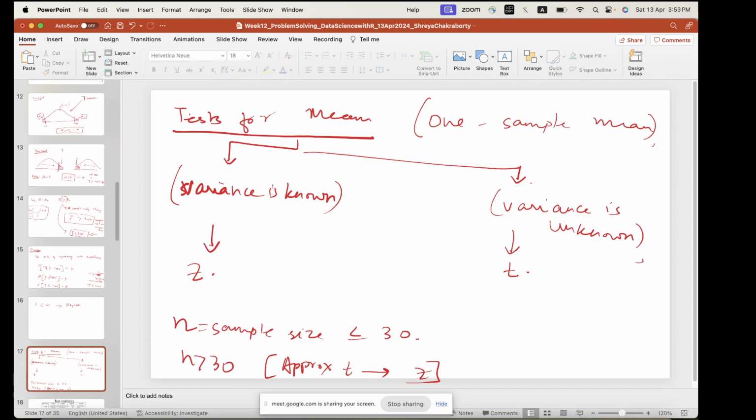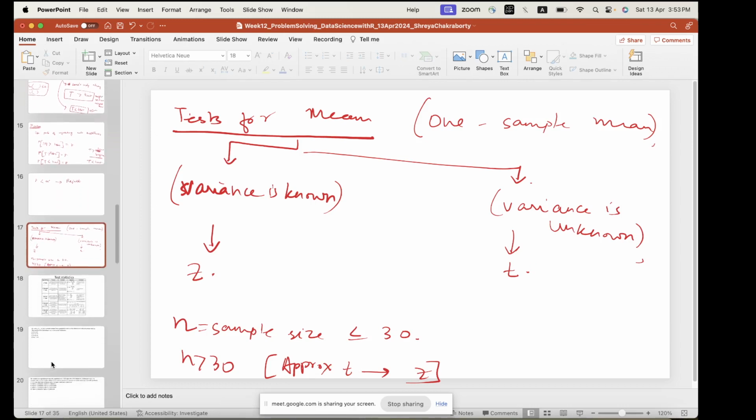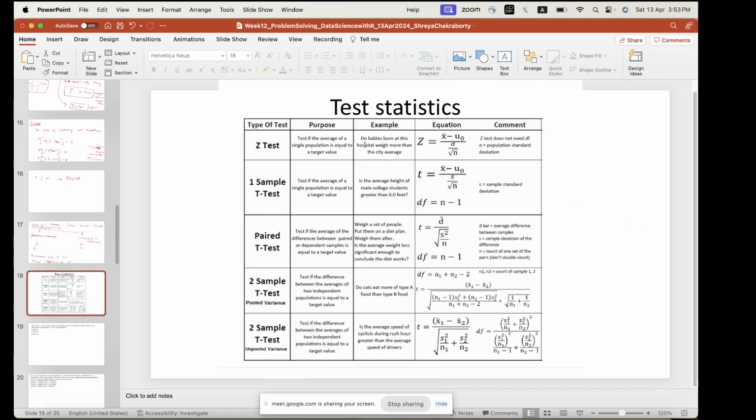Here is a summary of the types of tests that should be performed. The z-test is to test whether the average of a single population is equal to a target value, and we can do this when sigma is known to us.